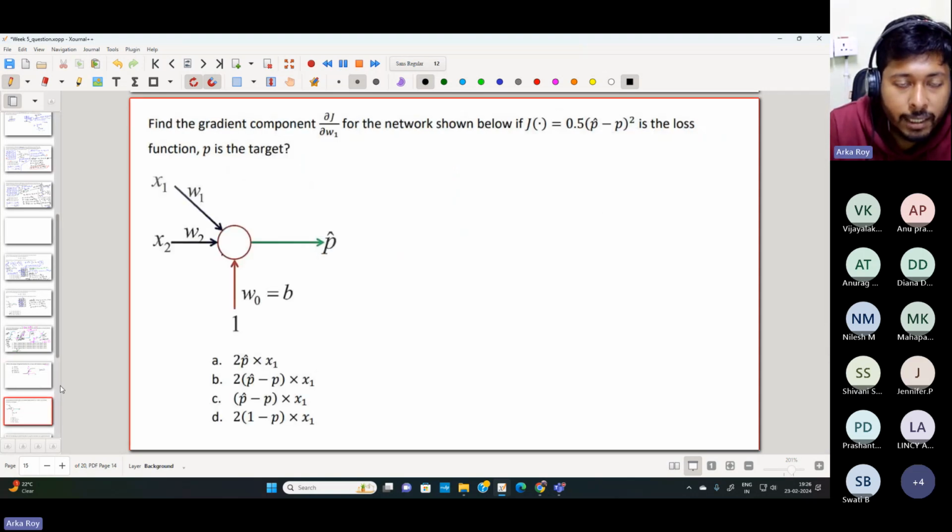Now here comes the gradient descent related problem. You've been given a neural network architecture like this, which has 2 inputs, 1 bias, and an output p hat. So what will be the equation of p hat?